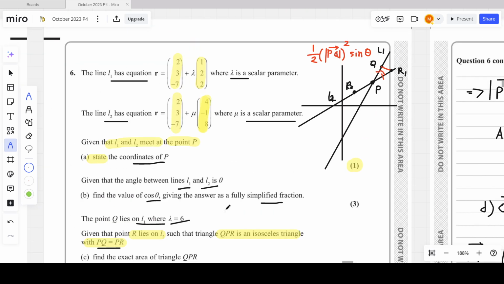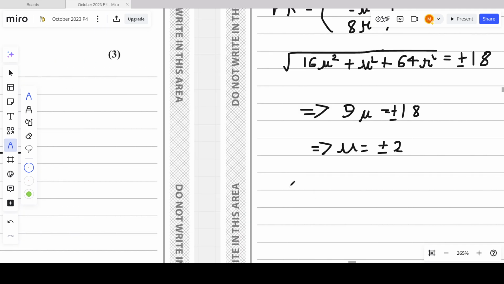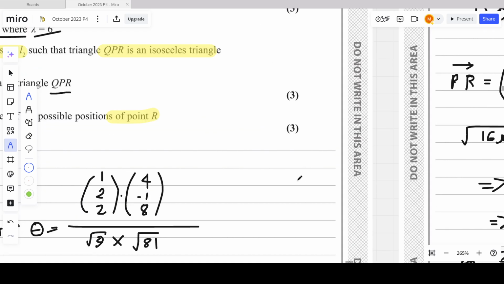If you put mu into the equation of line L2, what will you get? If mu equals 2, then you will get the position vector of point R, OR. Since they said possible positions, I could understand that it should be plus or minus.